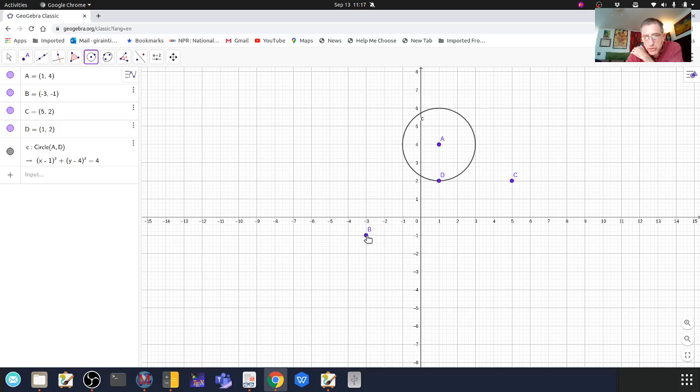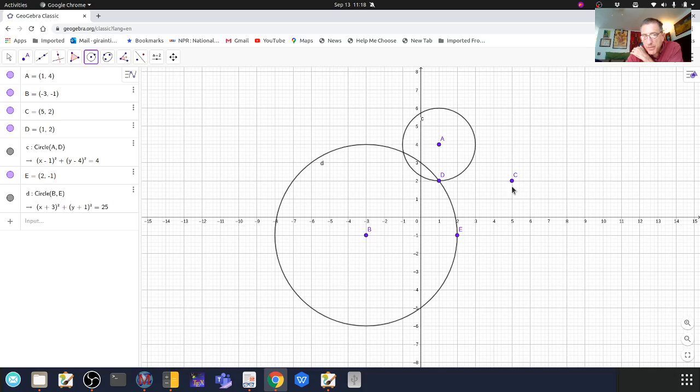So I'm going to, again, draw a circle, and I'm going to go 5 units to the right. There's 1 unit, 2 units, 3 units, 4 units, and 5 units. And for my circle C, it has radius 4. So I'm going to go over 1 unit, 2 units, 3 units, 4 units.